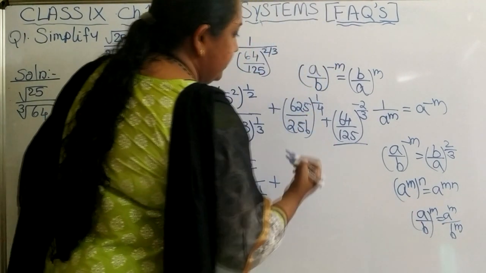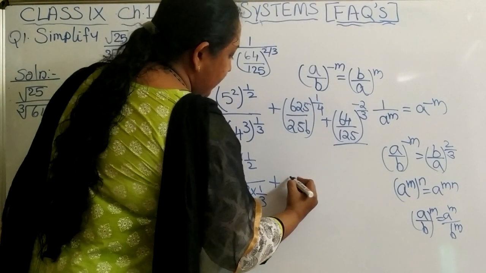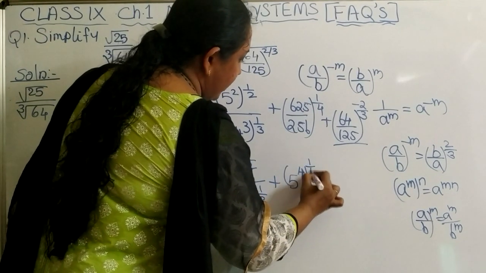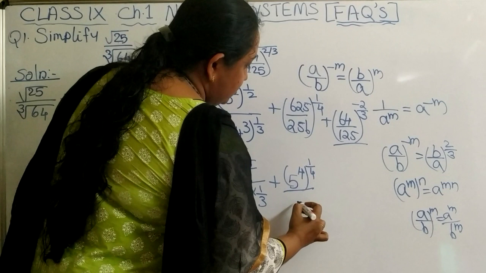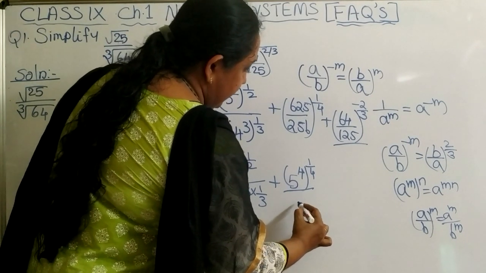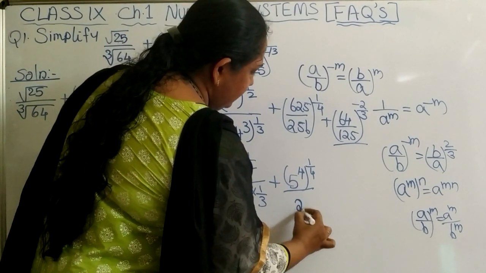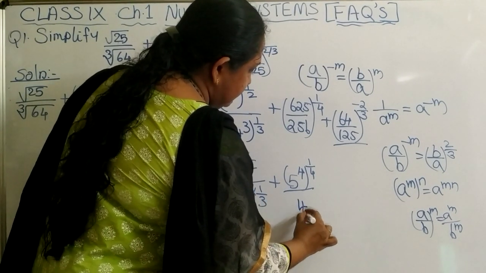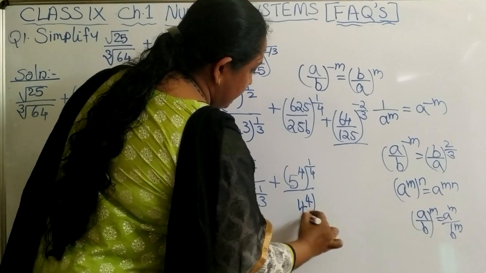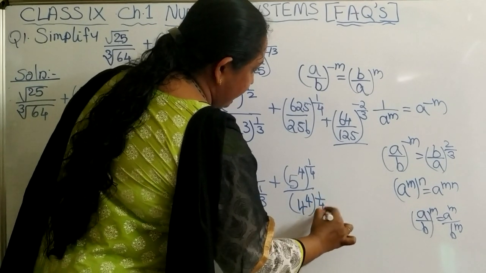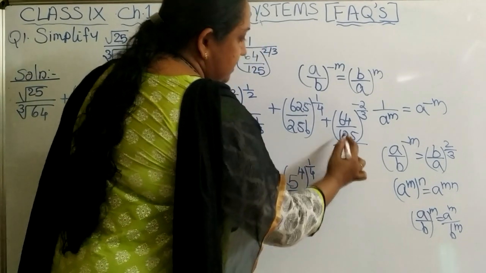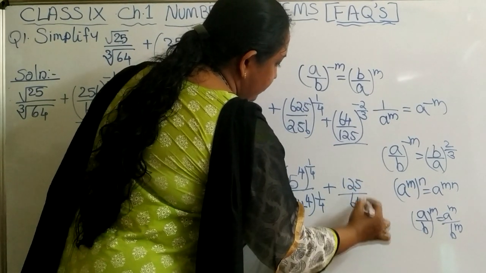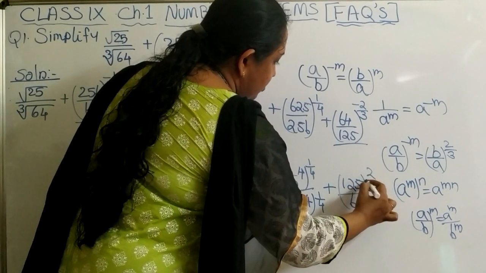Similarly, we can convert 625 also. 625 is (5^4)^(1/4) upon 256 can be written as (4^4)^(1/4) plus this can be written as (125/64)^(2/3).